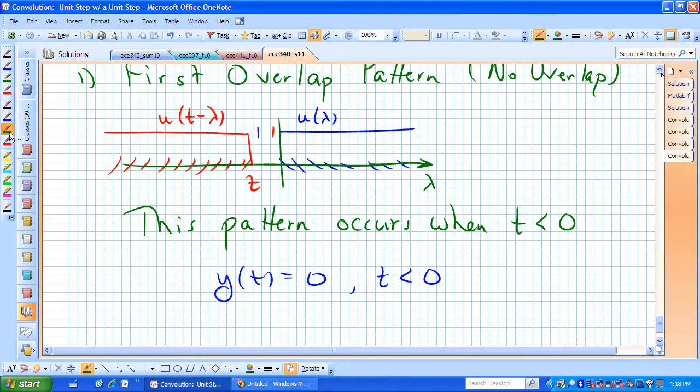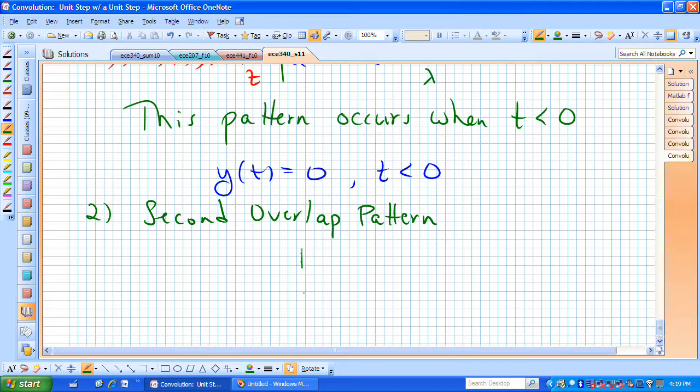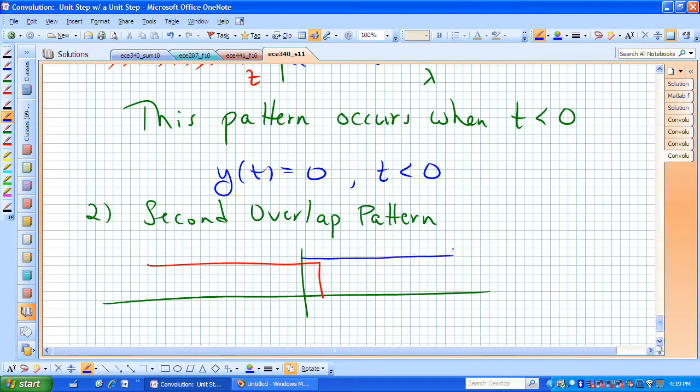Our second overlap pattern is when we start to move u of t minus lambda through lambda equals 0, and I'm going to emphasize this diagram by slightly adjusting my amplitudes, but those amplitudes are still of value 1.